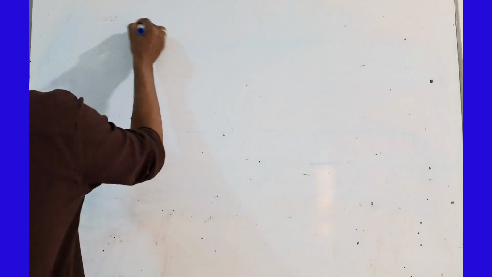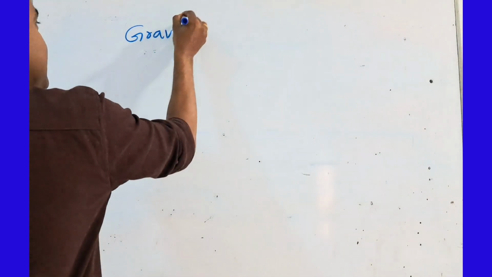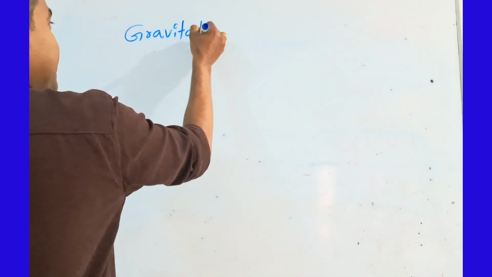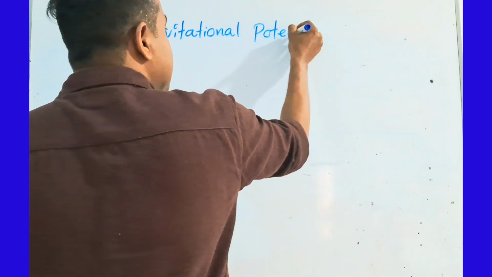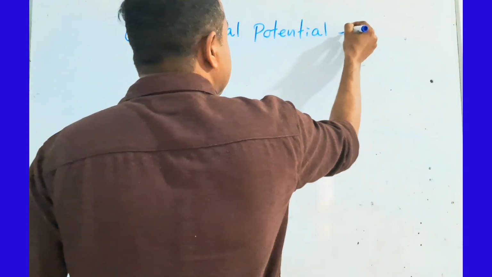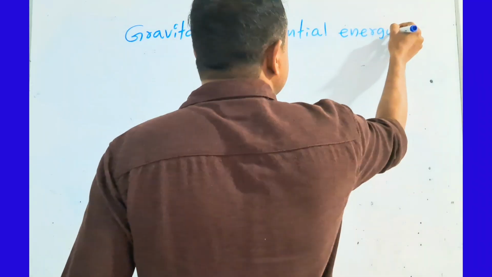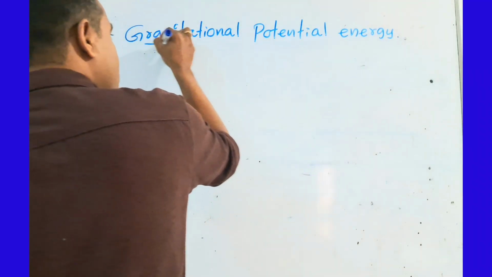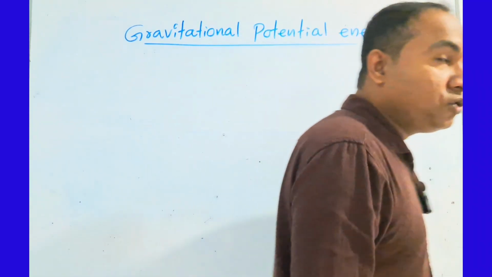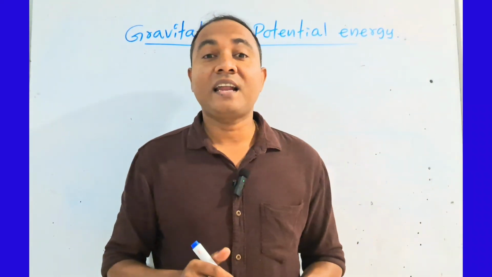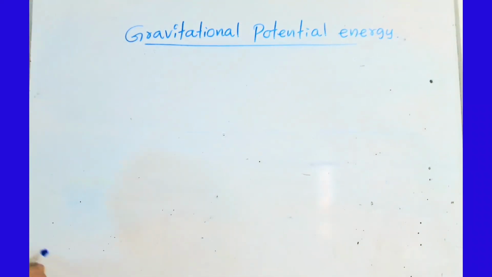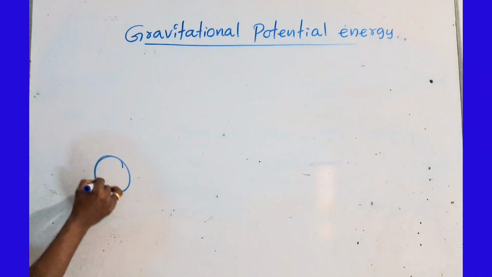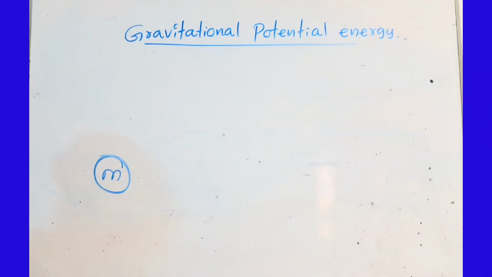Right. Let's learn about what gravitational potential energy is. Now look at the board. Now there is an object of mass m.